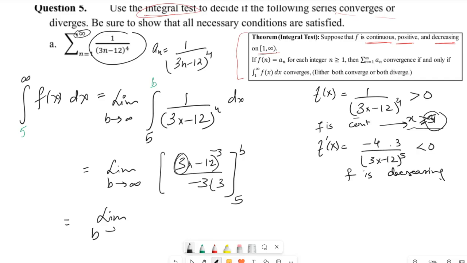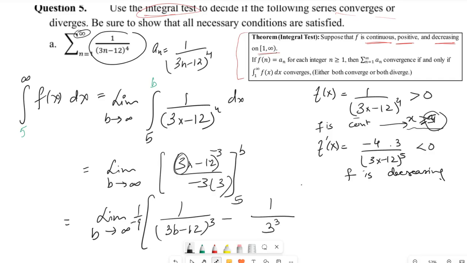Limit as b approaches infinity. When I put the upper limit in, minus the lower limit: when I put the upper limit, it's going to be 1 by (3 times b minus 12) to the power 3. I'm going to take negative 9 out, minus 1 by, when I put 5, 3 times 5, 15 minus 12 is 3.